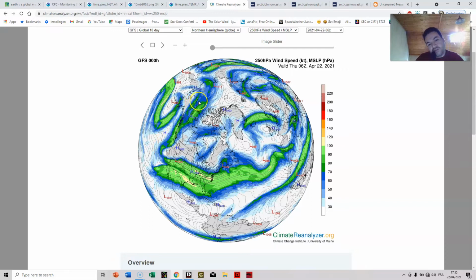Then it goes to parts of Alaska. I mean, if I have to calculate the distance, this has to be at least 1,000 kilometers. This is not normal, way too elongated. And notice how it happens on both sides, here and here.